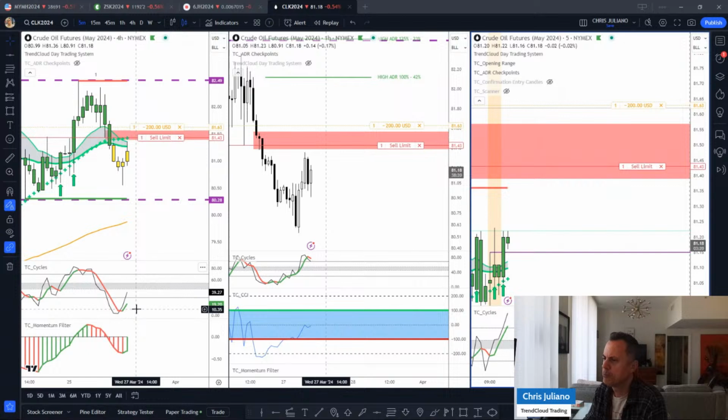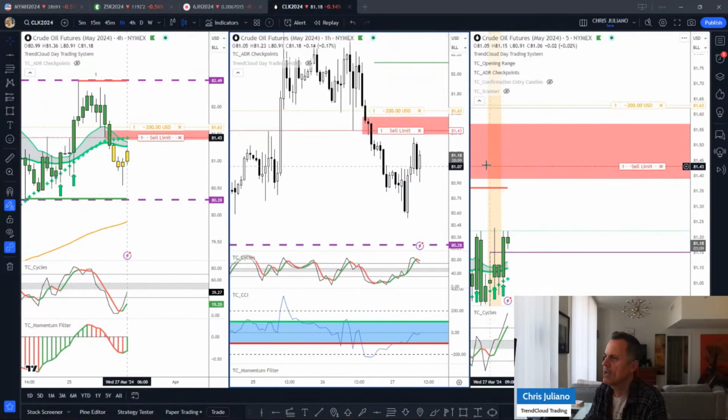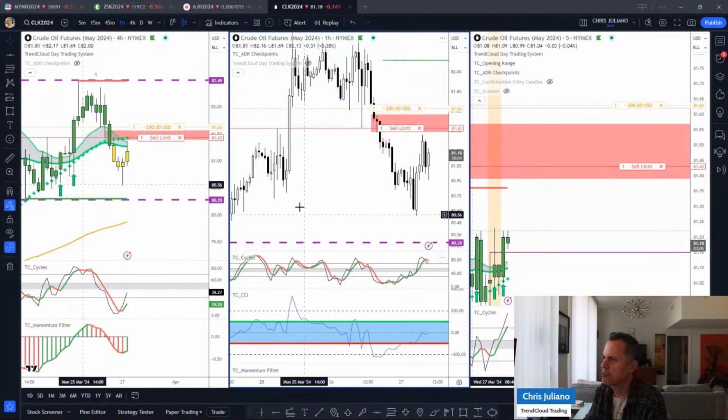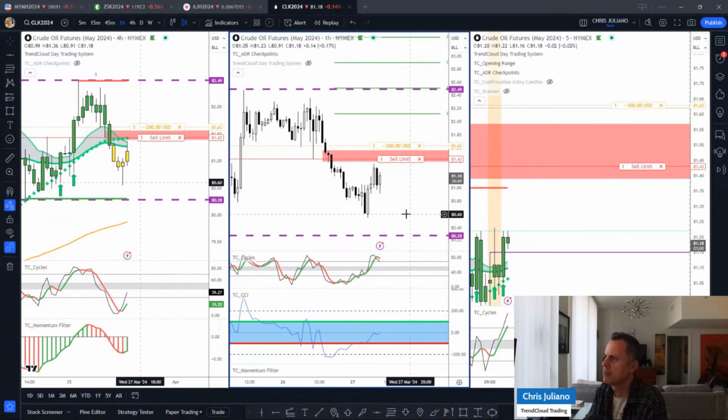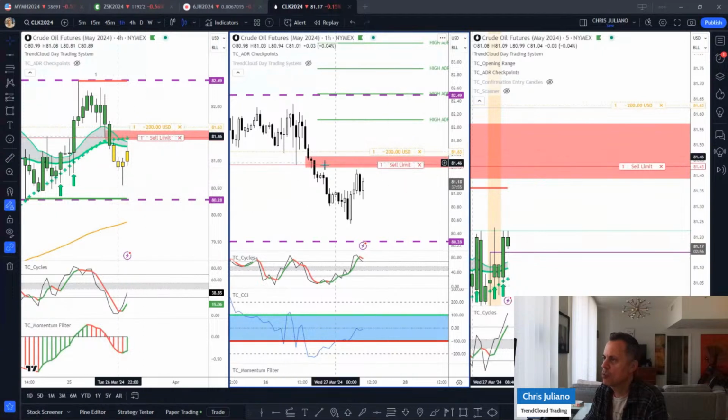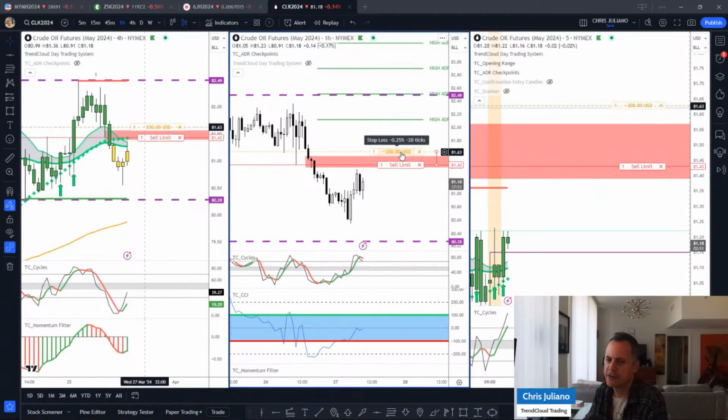But momentum is to the downside on the 1 hour chart, so it's very possible that this could work. And we do have evidence of this being strong. It did break through structure right here. So we do have a shot at this. Now, if it doesn't work, hey, no problem. It's our $200 risk, the proper amount of risk.